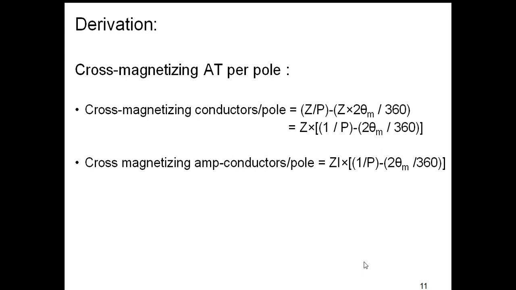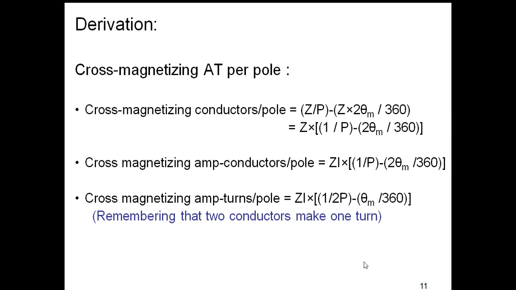And the cross magnetizing ampere conductors per pole is equal to Z into I into (1/P − 2θm/360). Here we multiply the above with I because it is the ampere conductors per pole.